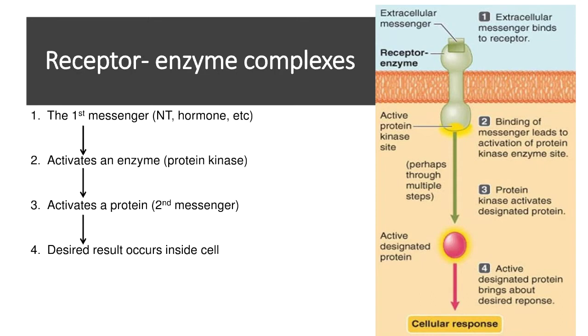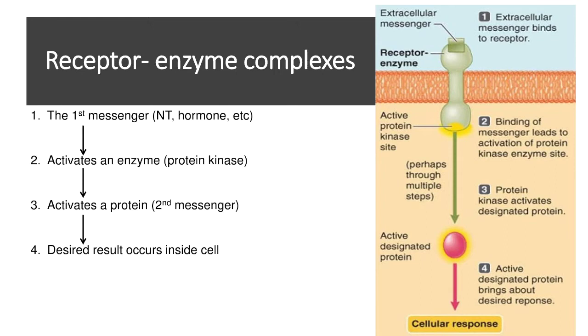So that's what we mean by signal transduction. The first messenger is bringing the signal to the cell in order to produce a response inside of the cell. But since the first messenger can't enter it, we've got this series of events here, number 2 and number 3 in the photo, that's spreading the message from the outside of the cell to the inside of the cell.